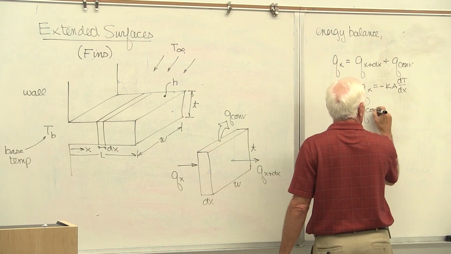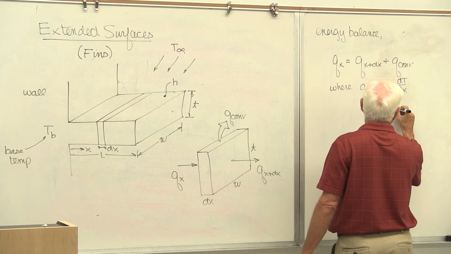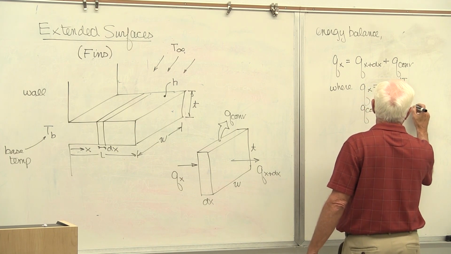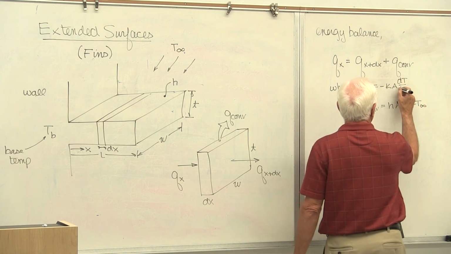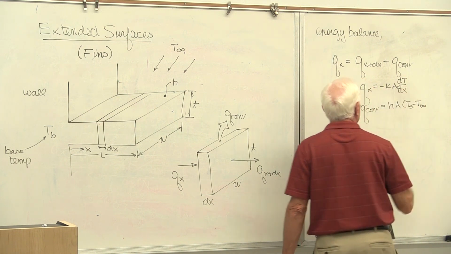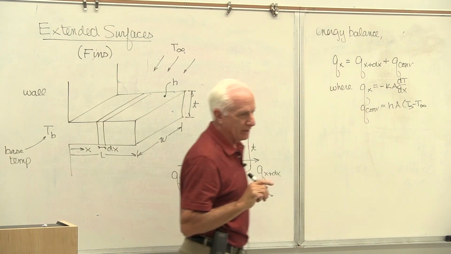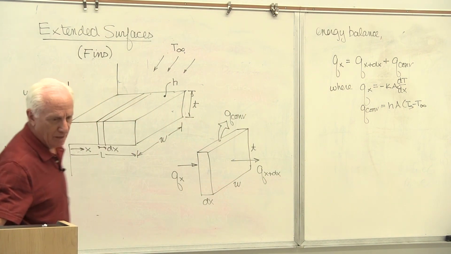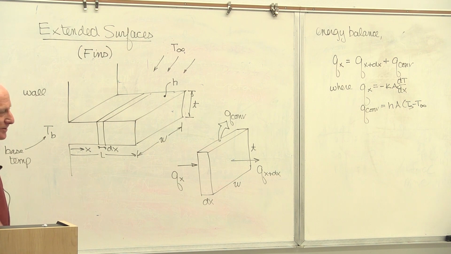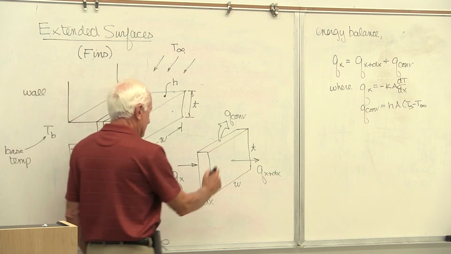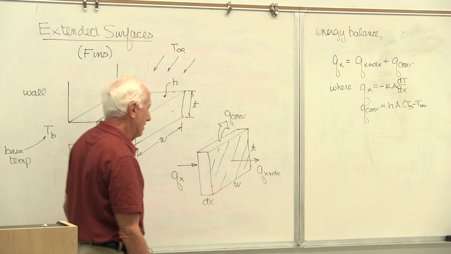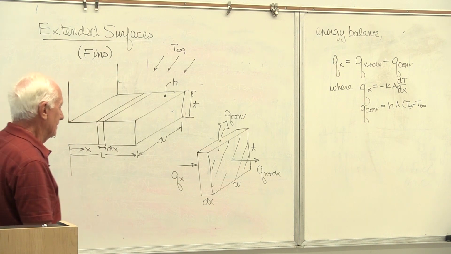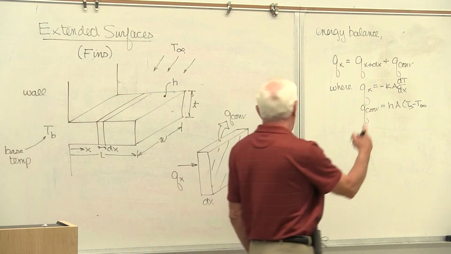Convection, Newton's law. But there are different areas. You've got to be real careful. The areas in these fin problems require you to think a bit. For conduction, what area does the heat go through? It goes through that big area right there. So that's the conduction area, A sub C.